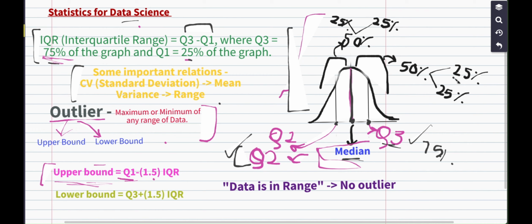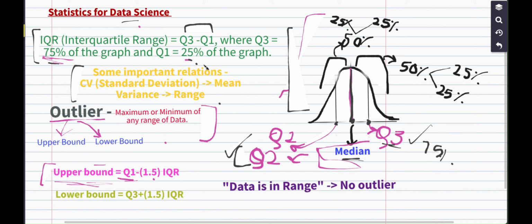The median, the middlemost point, is Q2, the point before the median is Q1, and after the median is Q3. So the order goes Q1, Q2 and Q3.